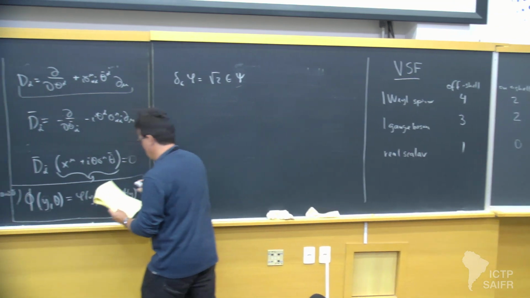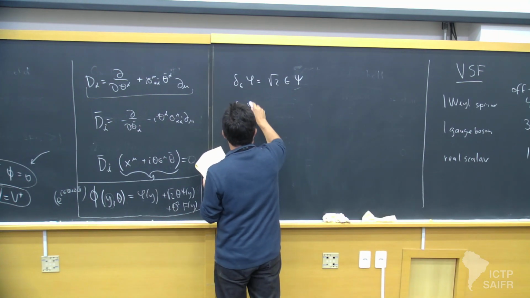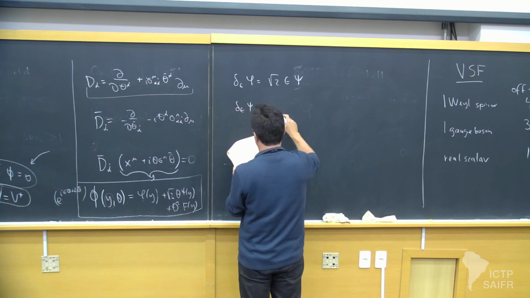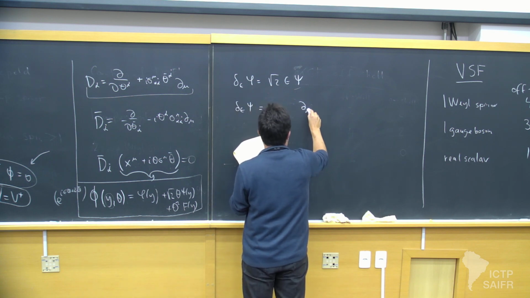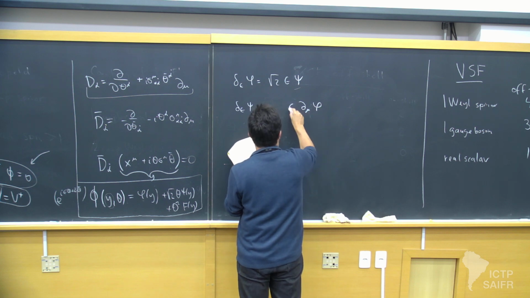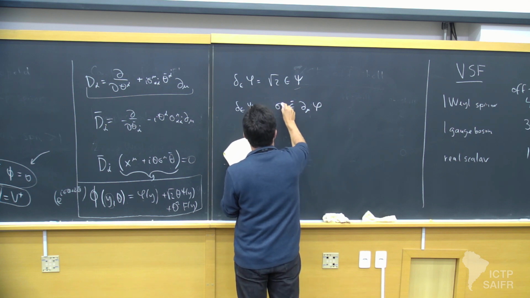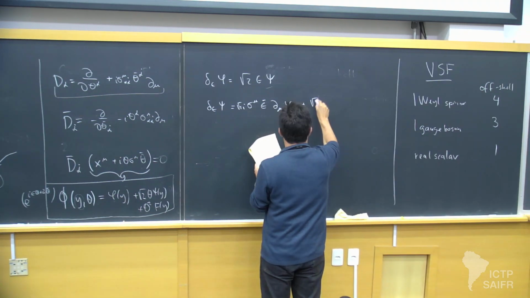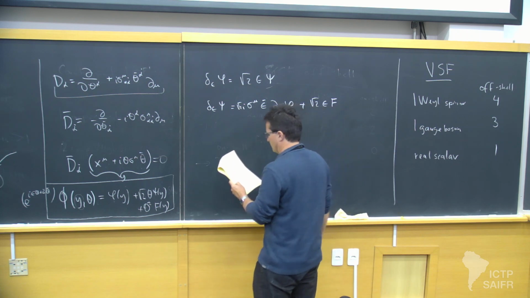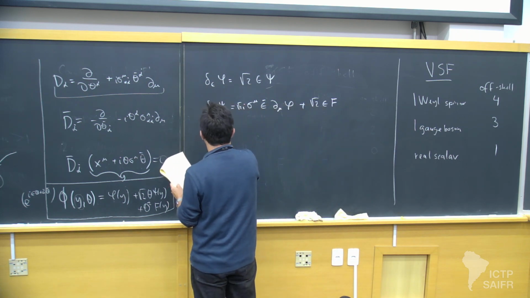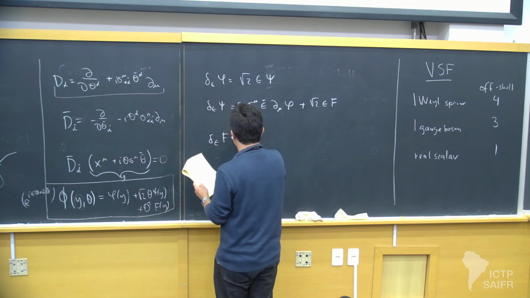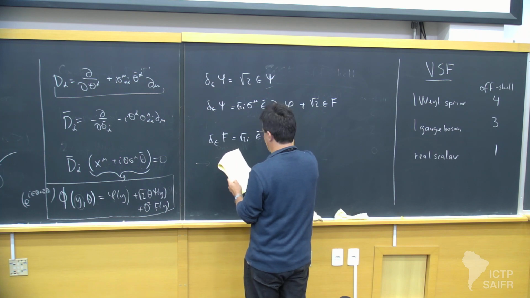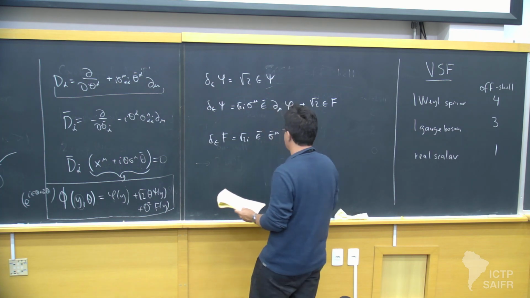Now, you can check what the transformation of the fermion is. So now this is going to have the derivative of the scalar, d mu phi, and then there's an epsilon bar, and sigma mu, and root 2 i, plus root 2 epsilon times F. And then the transformation of the auxiliary field, the F, is going to be root 2 i epsilon bar sigma bar mu d mu of psi.